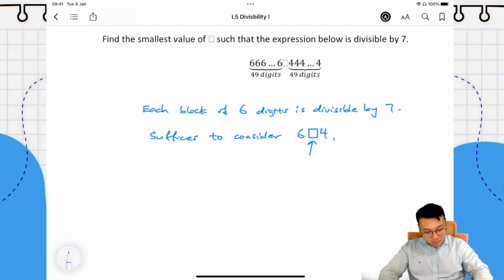Remember everyone, how do we tell whether a number is divisible by 7? We take the last digit times 2 and deduct it from the remaining digits. So let's test. 614, 624, 634, 644.